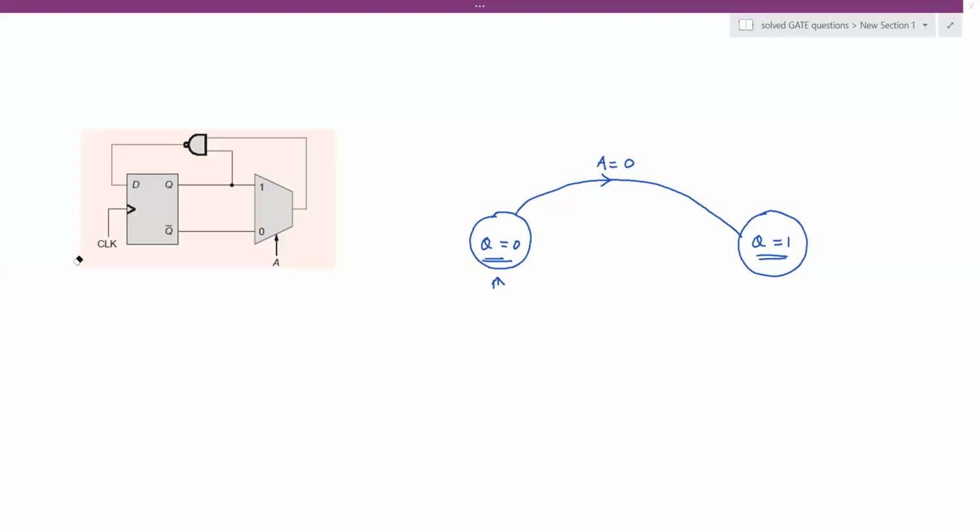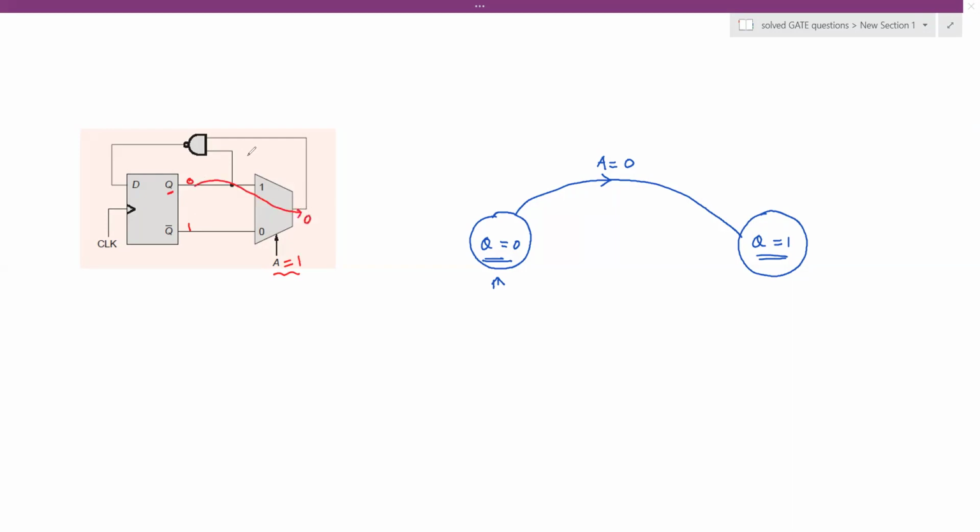Now let us understand the second condition when Q is equal to still 0 in the present state or the initial state. That means Q bar is equal to 1. But now for A equal to 1, the data line Q, which has 0 at its input, gets connected to the output of the mux.